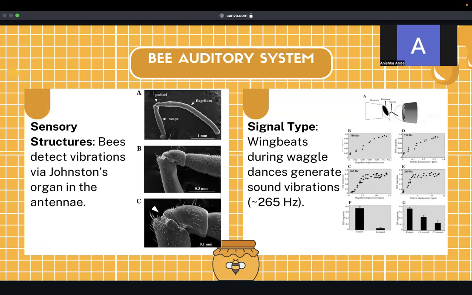The auditory system also involves a signal type, which is wing beats during waggle dances generating sound vibrations around 265 hertz. And here's a diagram with figure C showing the 265 hertz vibrations and how that relates to the flagellum displacement. Both of these figures come from the main article that we're looking into today.